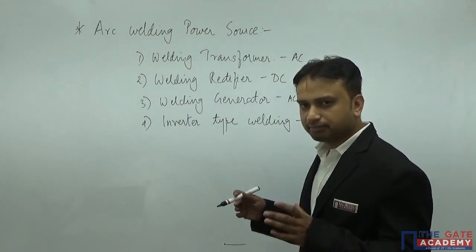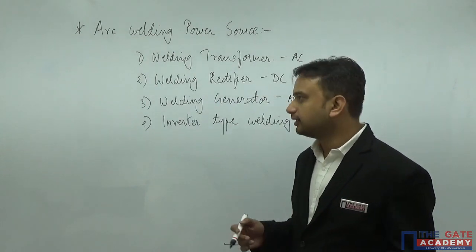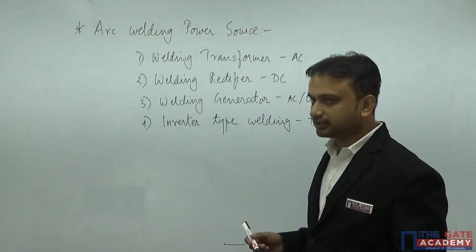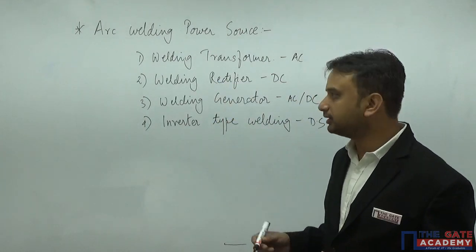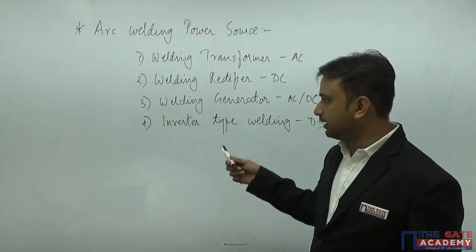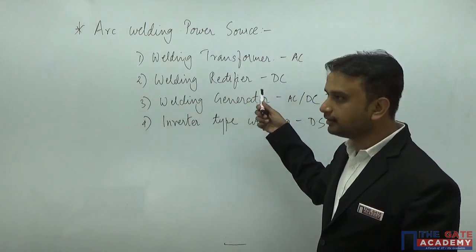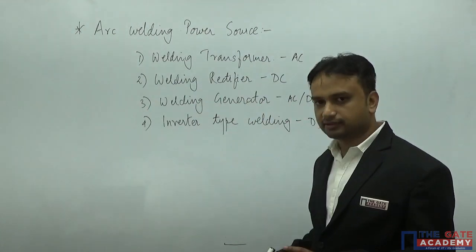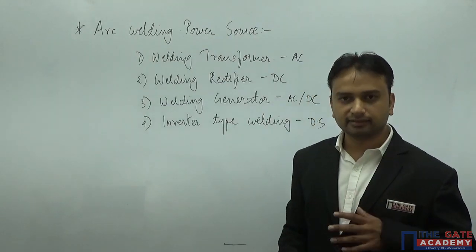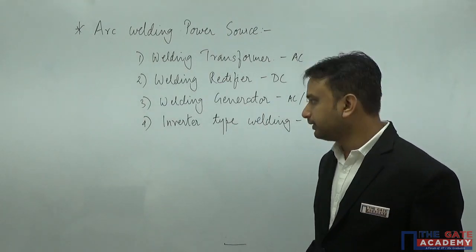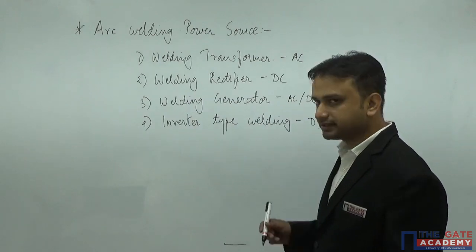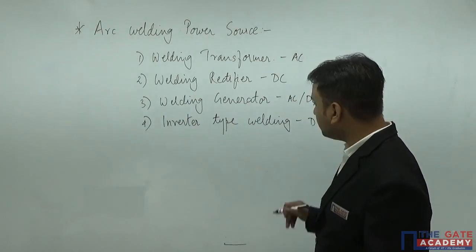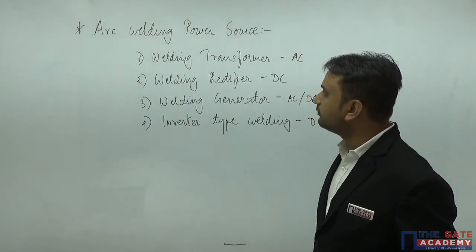So there is a welding transformer, which usually supplies AC, and a welding rectifier supplies DC. A welding generator can supply anything as per the requirement, AC or DC, and an inverter type welding supplies direct current also. It is DC, right? So these are the welding power sources.